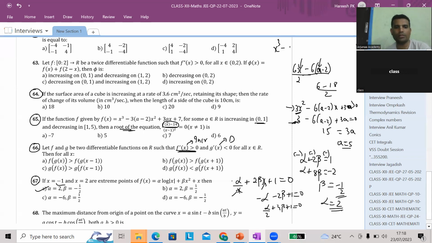So x cube minus 9x square plus 15x plus 7 equal to 14. So when that comes here, isn't it? So now any idea which one will give you 0?